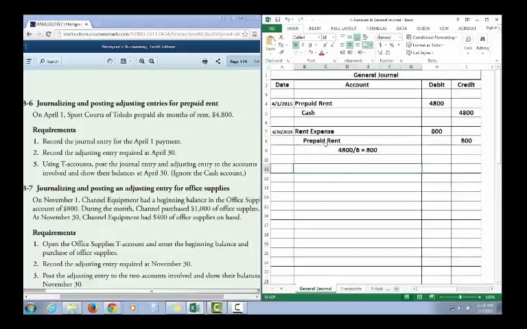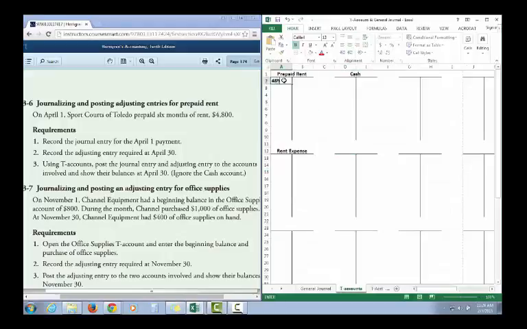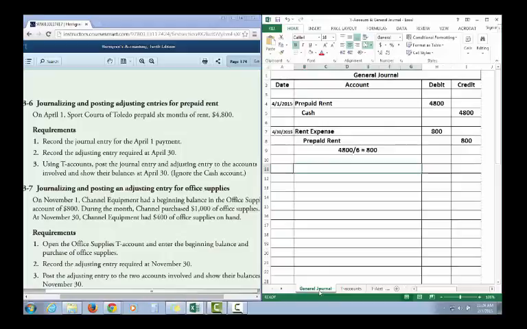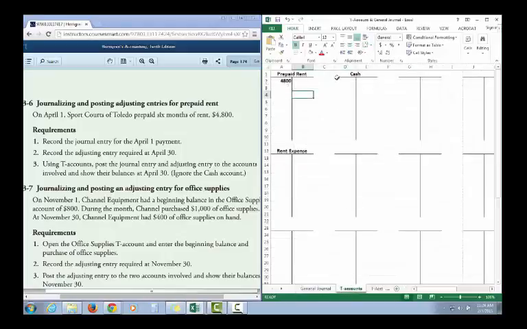Okay, so we had prepaid rent was a debit of $4,800 to start with. So I'm going to put $4,800 over here on the debit side. Okay, and we credited cash. So I'm going to credit cash $4,800, and this was for April 1.